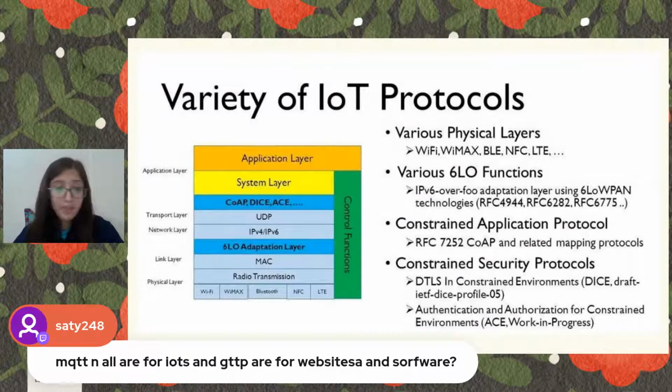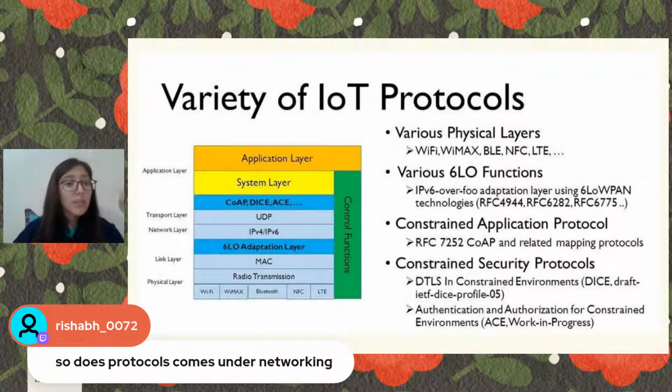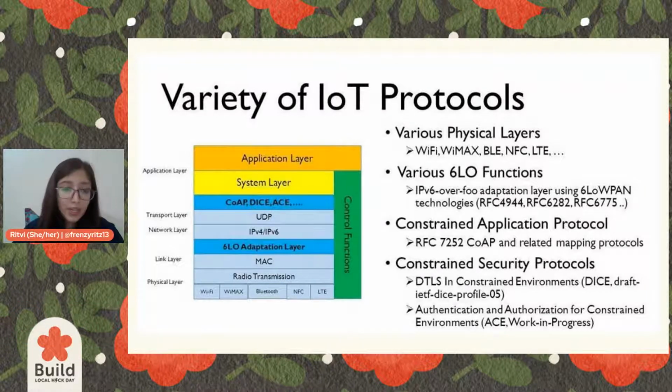That is a good observation. Well, yes, IoT networking. When you talk about IoT networking, apart from selecting the layer that you want to communicate, the first thing you talk about is protocols. All right, moving on.